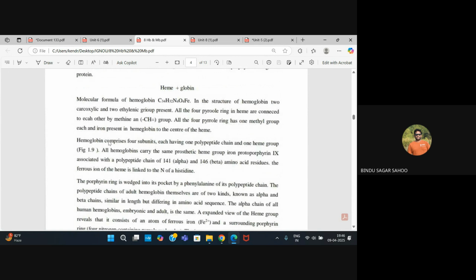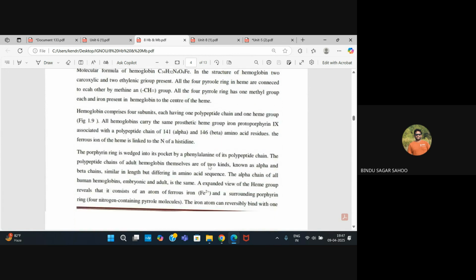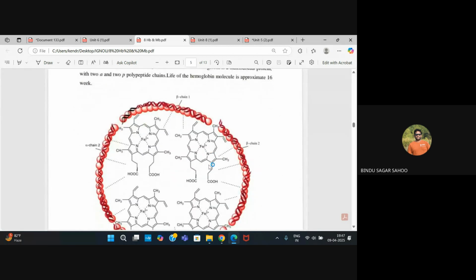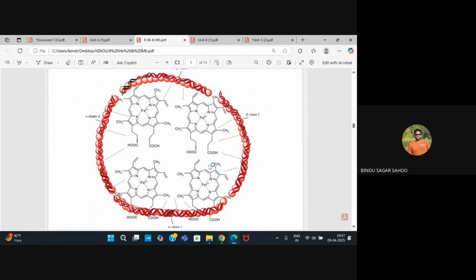Hemoglobin consists of four subunits, each having one polypeptide chain or globin chain. So there are four globin chains present. Out of these four, two are alpha chains and two are beta chains. The alpha chain contains 141 amino acids and the beta chain contains 146 amino acids. This is the complete structure of hemoglobin.